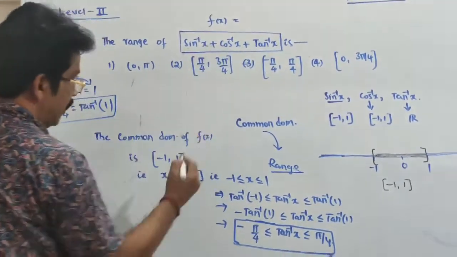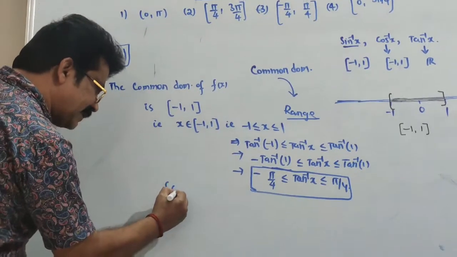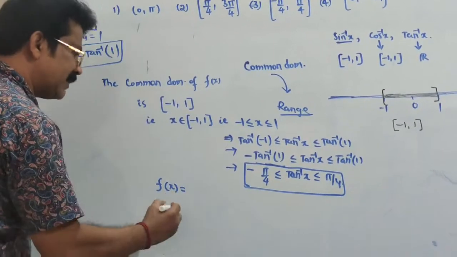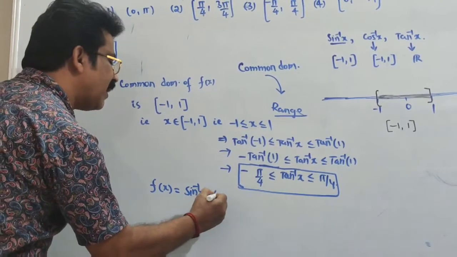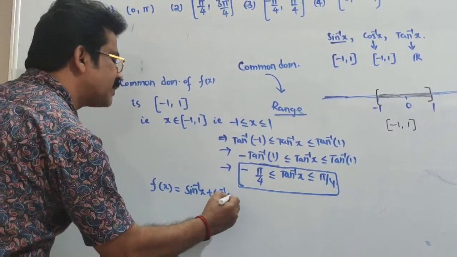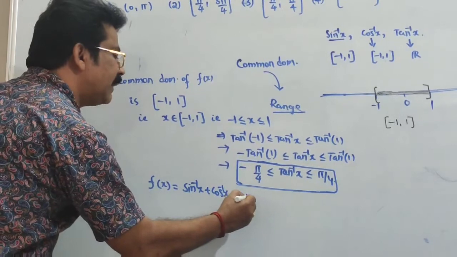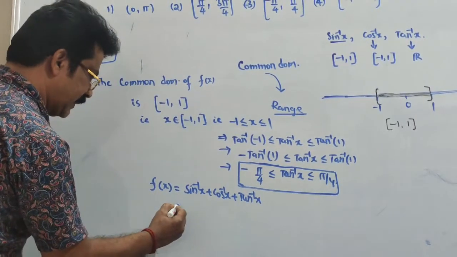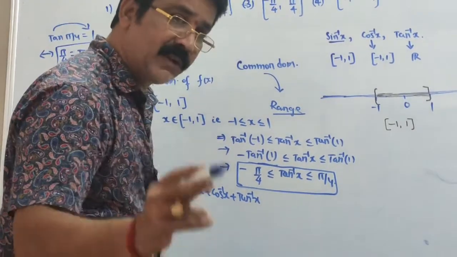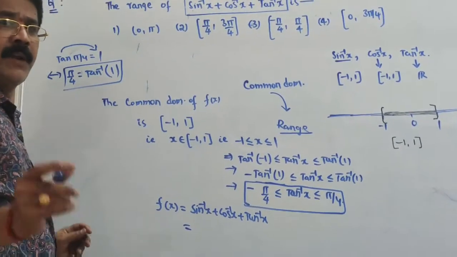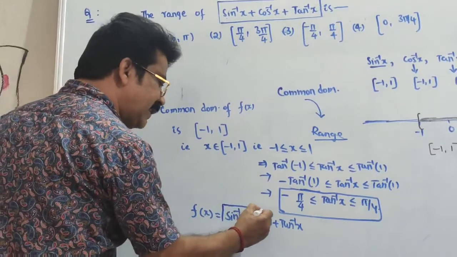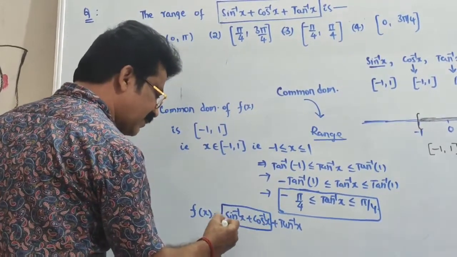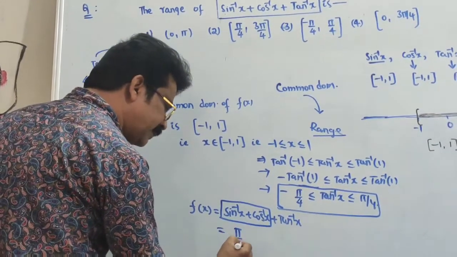Okay, this is one useful value. Next, you come to f of x. F of x is equal to sin inverse x plus cos inverse x plus tan inverse x. In inverse trigonometric functions, we have one tremendous formula: in its domain, sin inverse x plus cos inverse x is equal to pi/2.